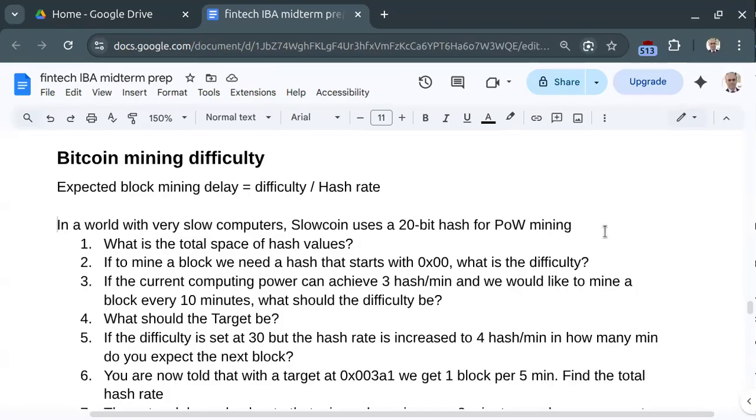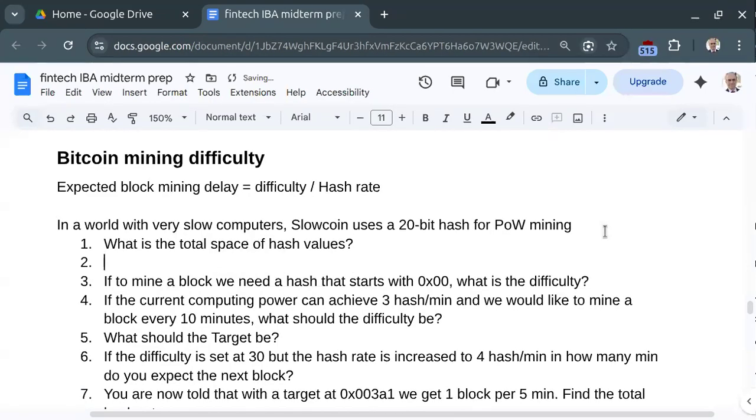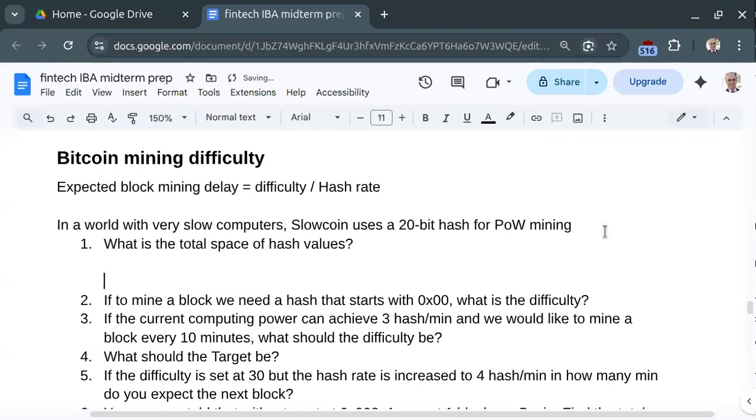Now remember, 20 bits is basically 4 times 5, 5 times 4, right? So it's 5 hexadecimal digits. Okay, so let us try to start. We will not finish this problem today. We will continue next Thursday, but let us start it.